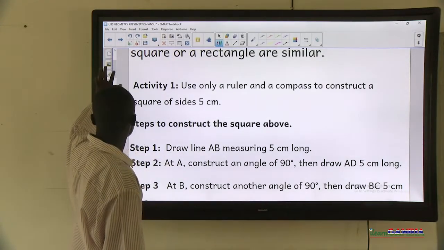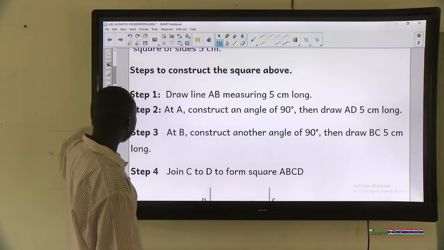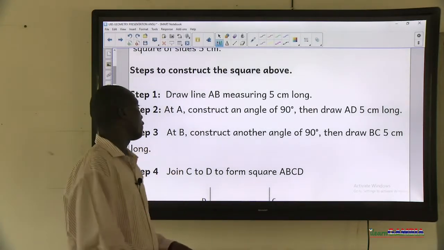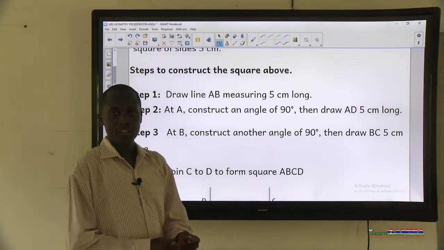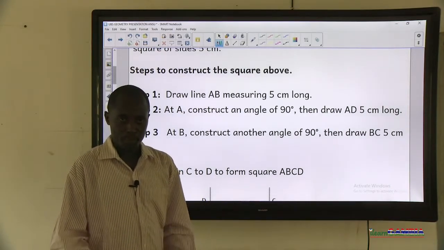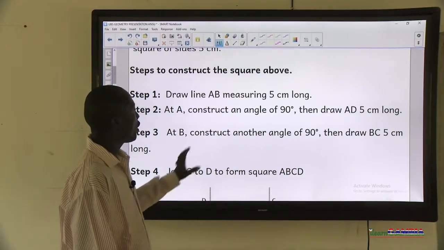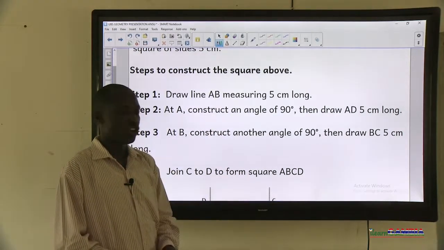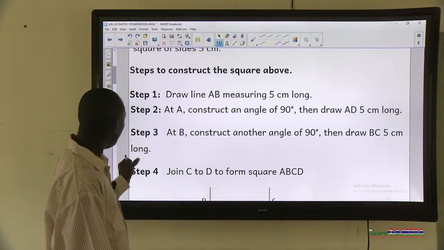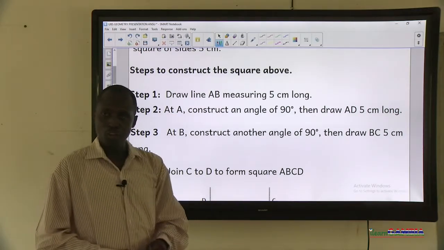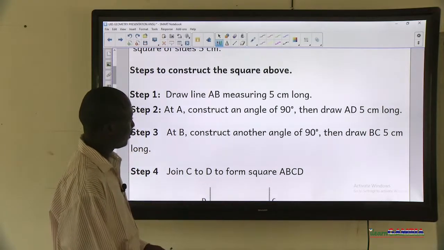Now, what are the steps that are required? Step 1: we may pick any side of the square and call it AB. That AB has to be 5 centimeters long. Step 2: we construct at A an angle of 90 degrees.